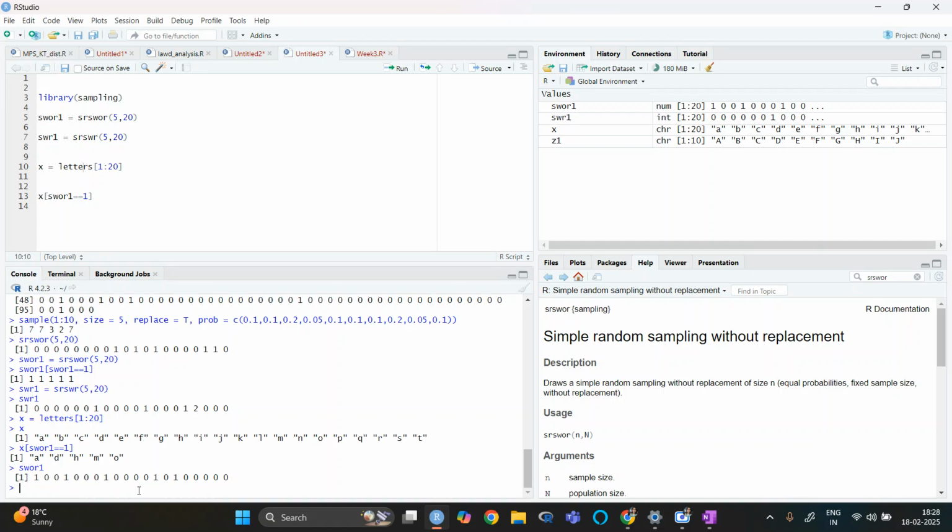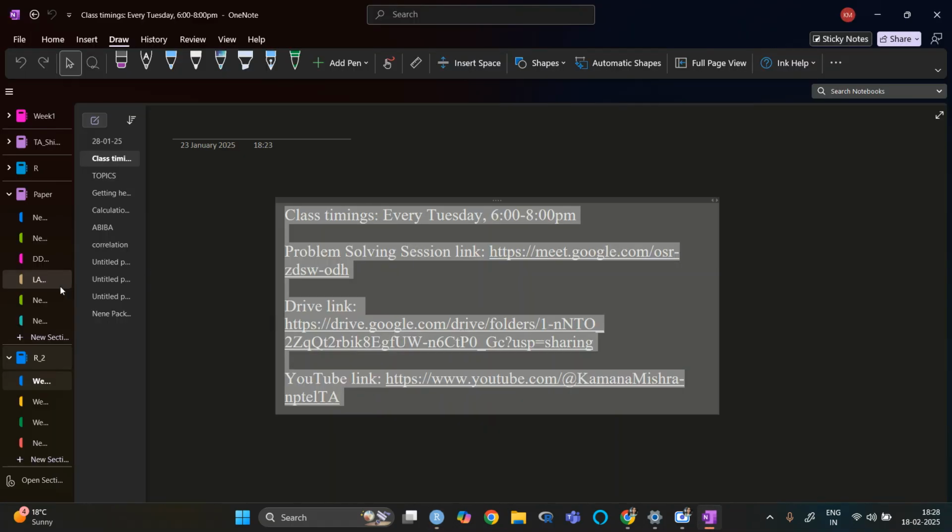So if I say x such that this equal to 1, now you can see what is happening here.